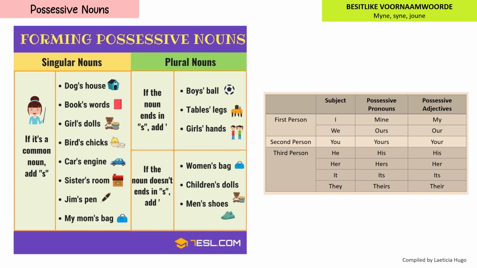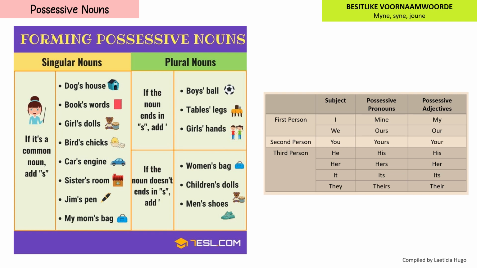If it is a plural noun, if the noun ends in S, then we just add that little apostrophe sign. For example, boys. Boys ends with an S, so we just put that little apostrophe. It's the boys' ball.